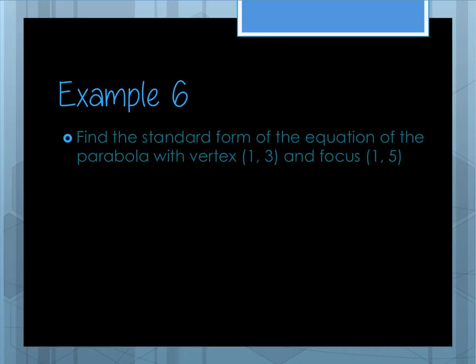So we'll end easier. Okay, example 6 says find the standard form of the equation of the parabola with vertex 1, 3 and focus 1, 5. So now we want the equation. We're given vertex is 1, 3, focus is 1, 5. What's my parabola look like?